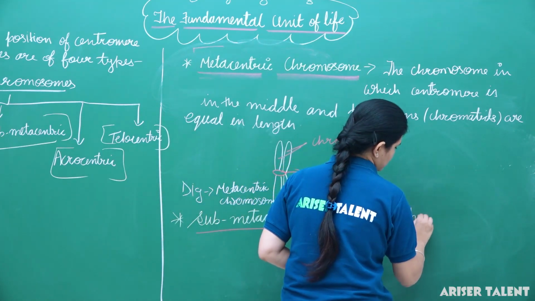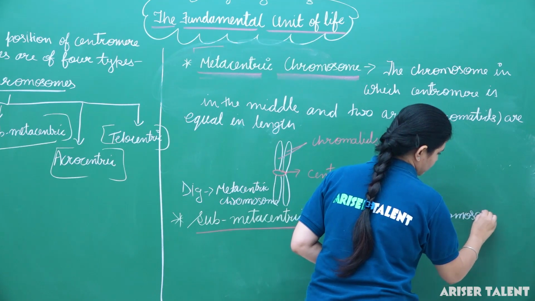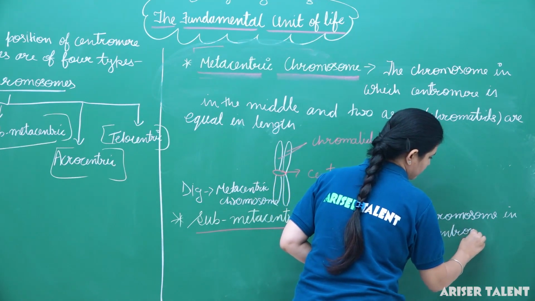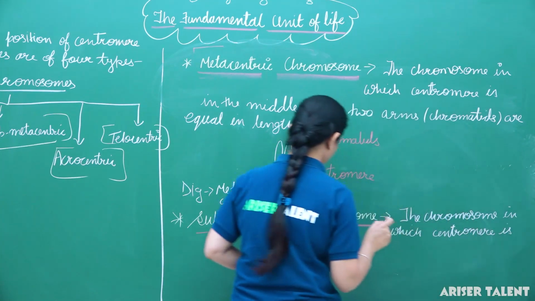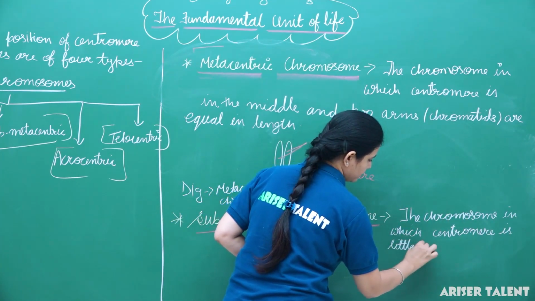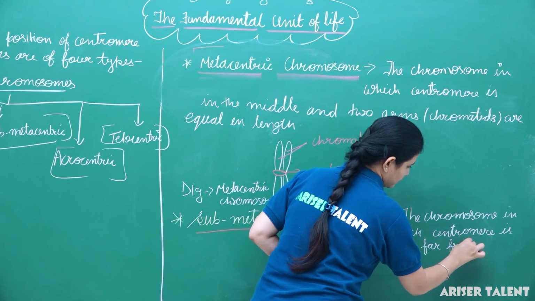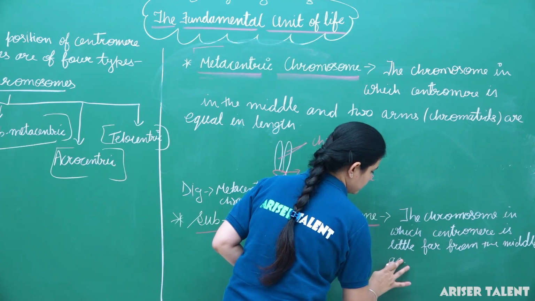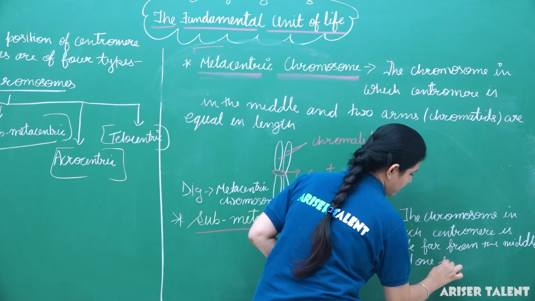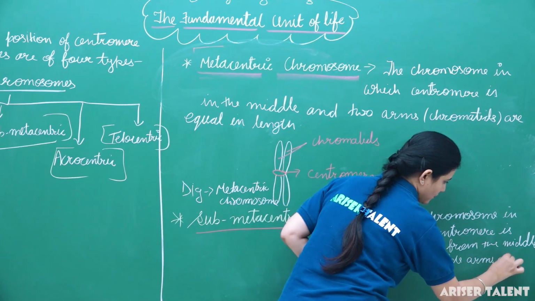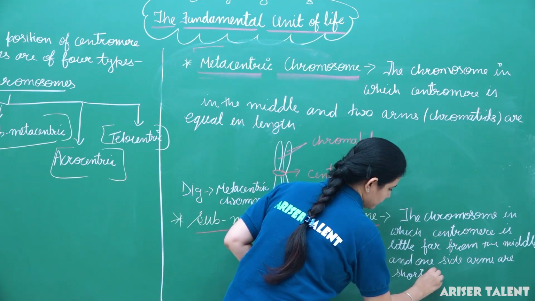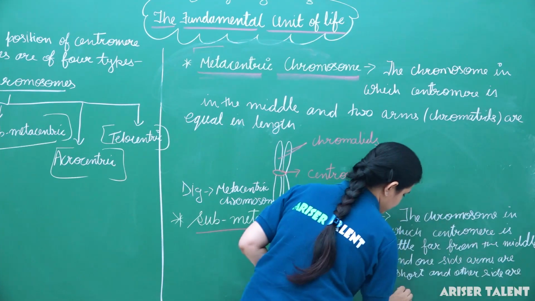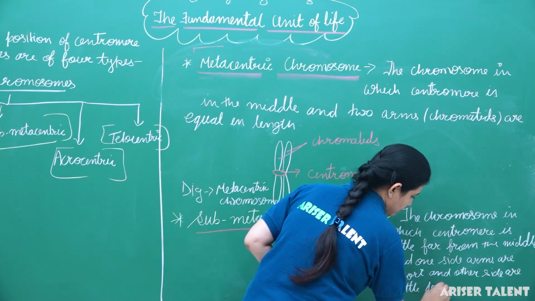The chromosome in which the centromere is a little far from the middle and one side arm is short and the other side arm is a little long.